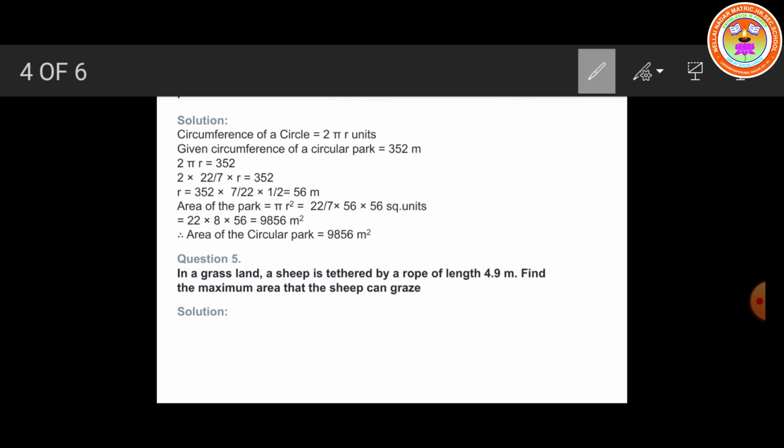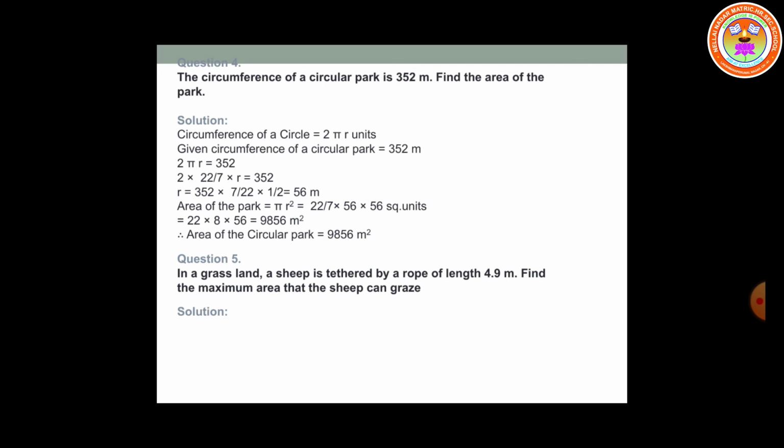Next we are going to move on to the fifth sum. What is the fifth sum? In a grass land a ship is tethered by a rope of length 4.9 meter. Find the maximum area that the ship can graze. What is given in the problem is the length of the rope.